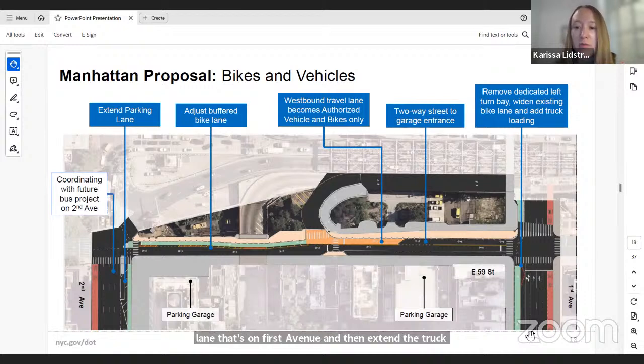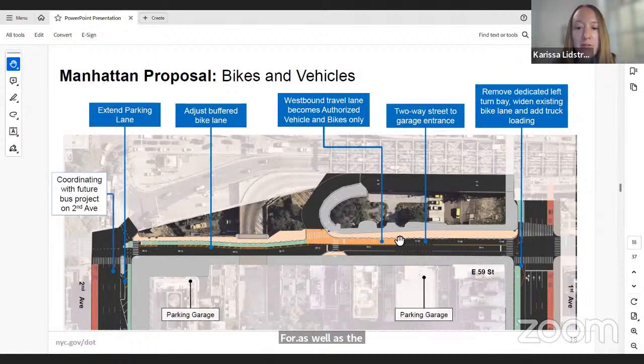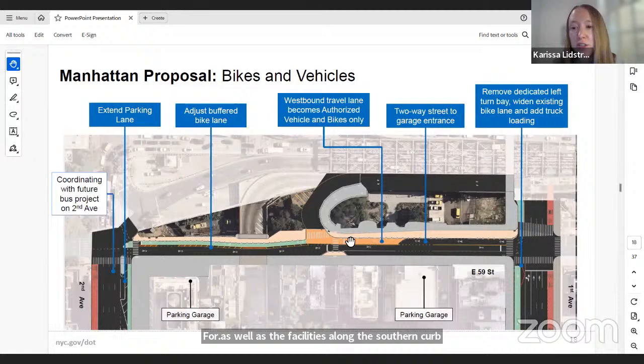And then we are wanting to keep a section of 59th Street as 2-way, but have that be more like local access for DOT, as well as the facilities along the southern curb. And then after the parking garage, about here, is where it would transition to that shared space color that I was talking about before.